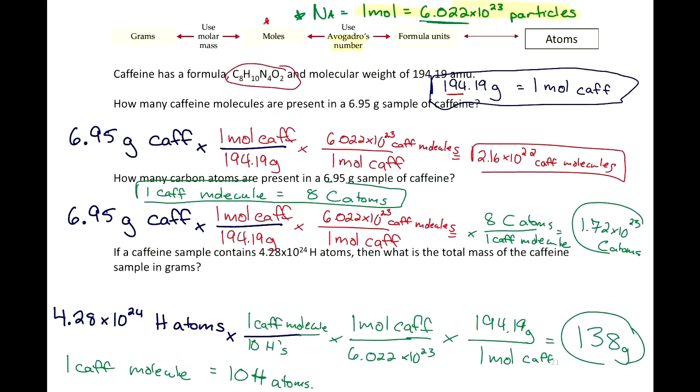So we did a bunch of examples using caffeine and hydrogen. And then it came time for the exam, and on the exam, I gave a question just like this one, but I didn't ask it for hydrogen. I asked it for nitrogen. I gave them how many nitrogen atoms they had, and I asked them, how much weight of caffeine do you have? 50% of the class used the same 1 = 10 conversion.